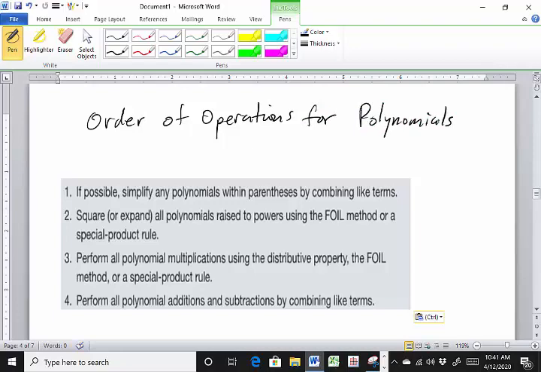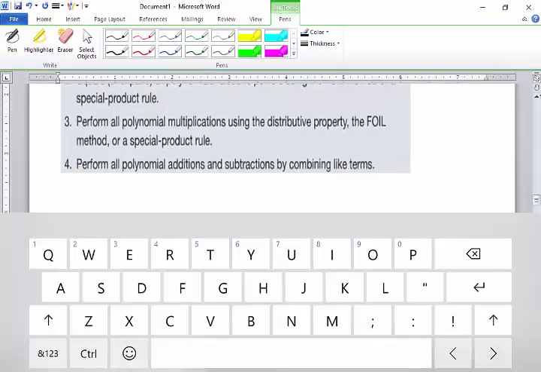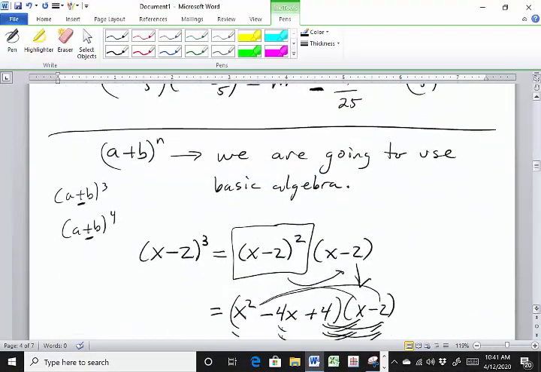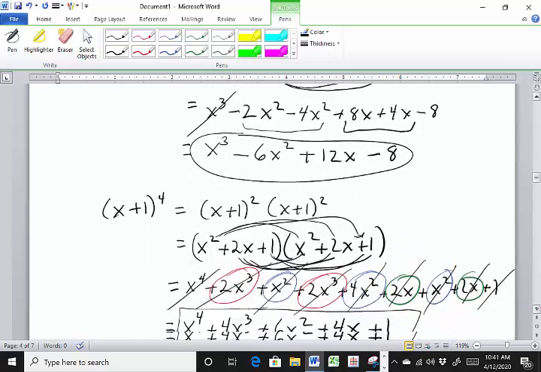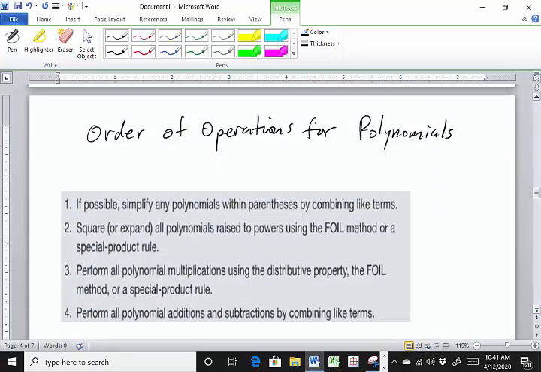All right, so let's just read this together. It says, if possible, simplify any polynomials within parentheses by combining like terms.